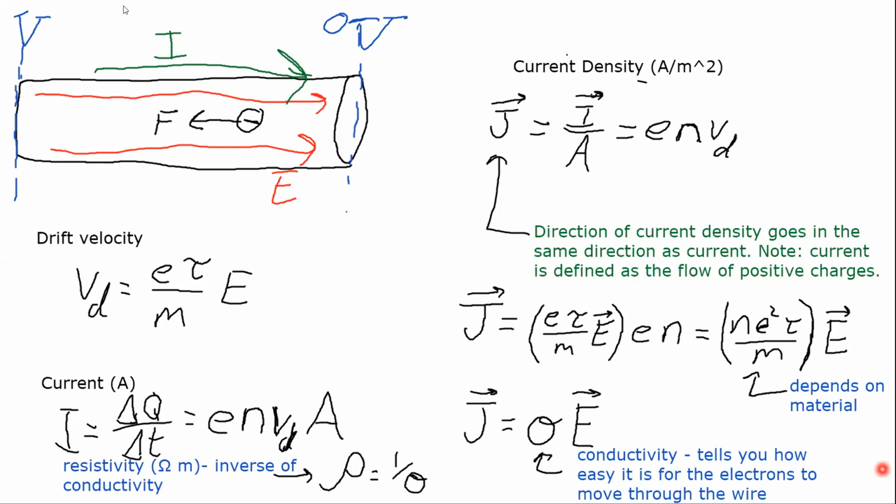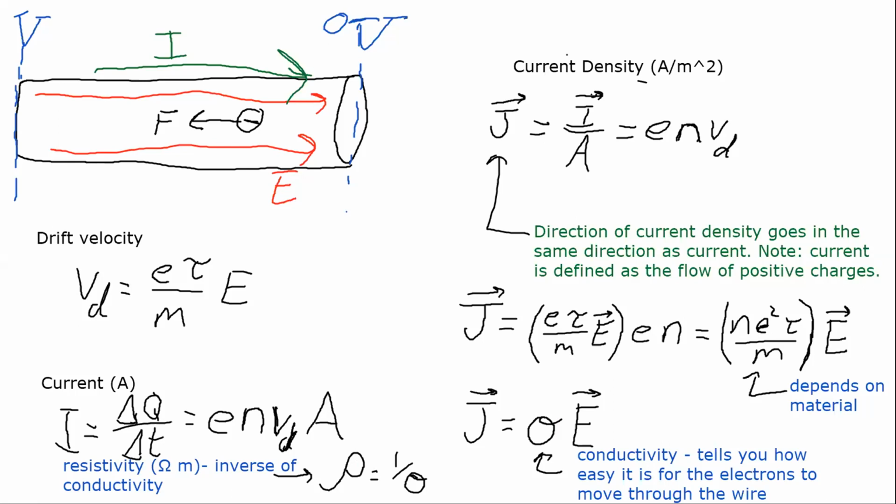Okay, I do have a note on temperature dependence here. Resistivity, that rho that we looked at, does depend on temperature.